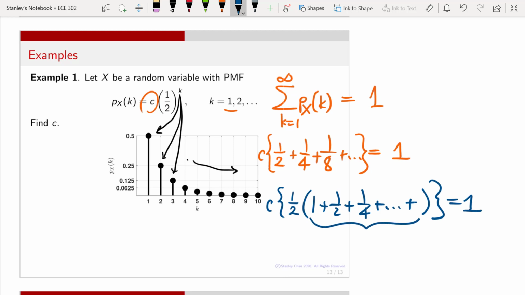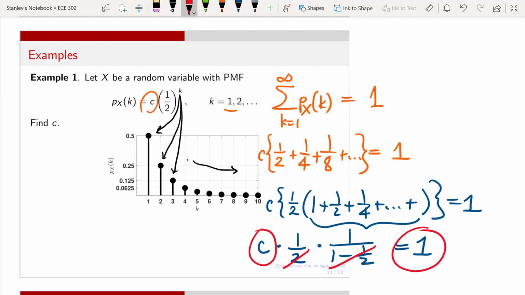This infinite sum is 1/(1 - 1/2). Outside you have 1/2 and the C, and that equals 1. Now you can do some cancellation, and you can show that C is actually 1. So you have found the constant C.